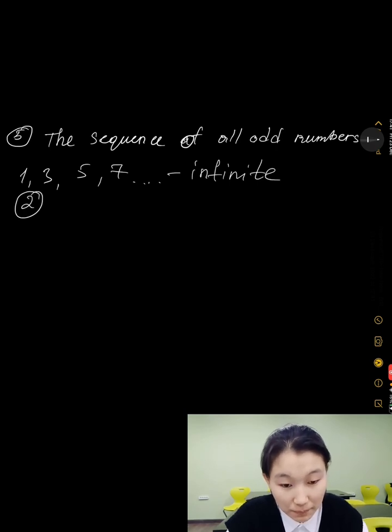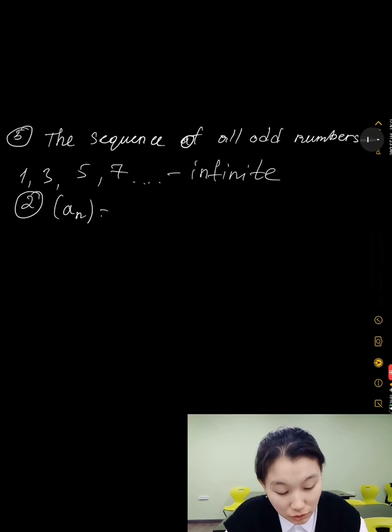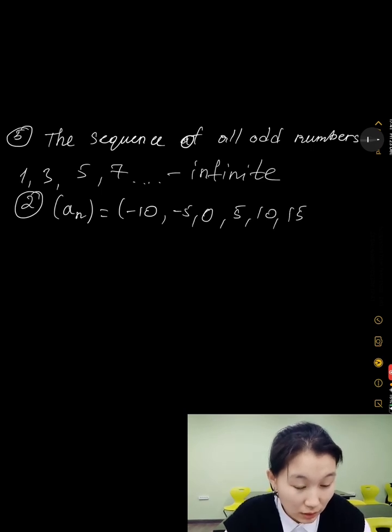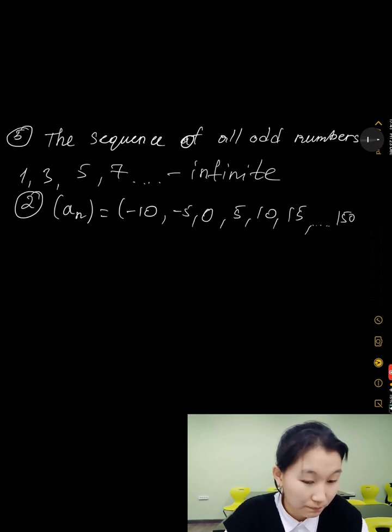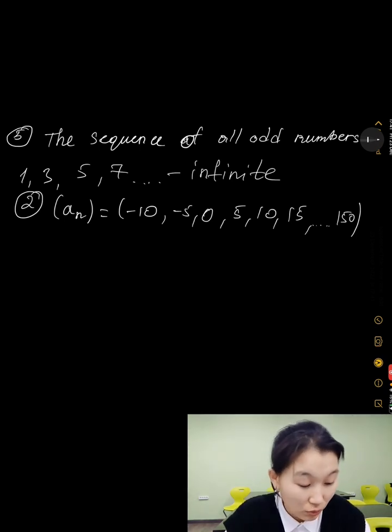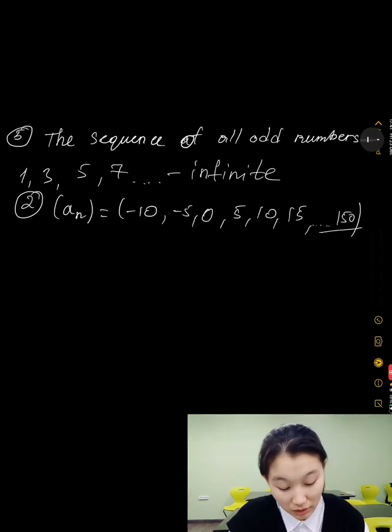Second is (an) equals -10, -5, 0, 5, 10, 15, and so on up to 150. The sequence has a finite number of terms since the last term 150 is given.